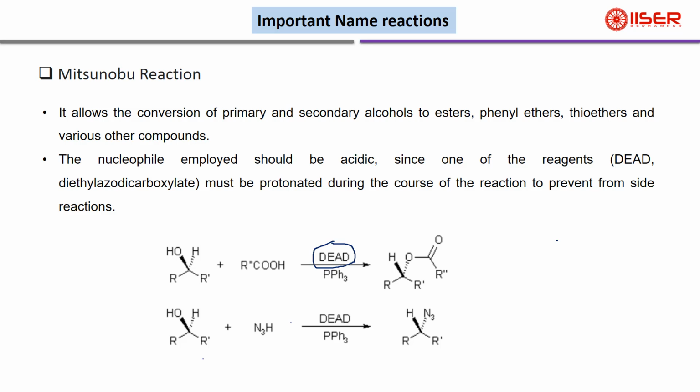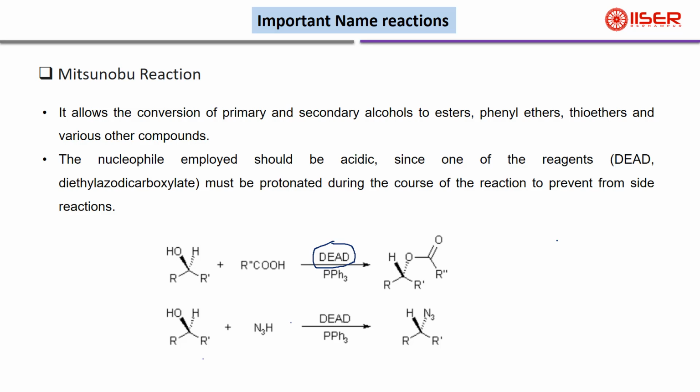The point to be noted in the Appel reaction and Mitsunobu reaction is that if you are taking a chiral compound, suppose a compound having four different groups around the carbon center, then whichever plane the leaving group holds, the nucleophile will always approach from the opposite plane. So this is an SN2 type of substitution.